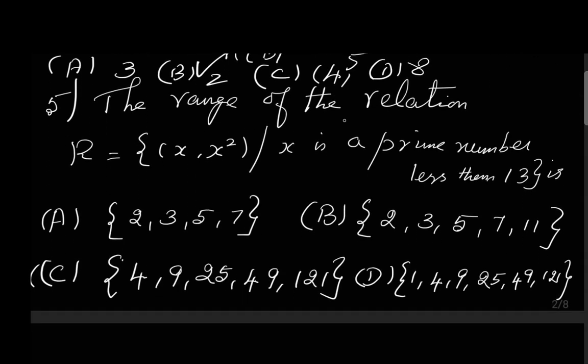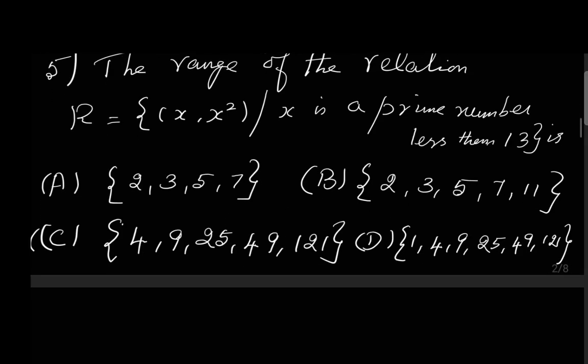The range of the relation R is the set of all ordered pairs (x, x squared), where x is a prime number less than 13. Option A, option B, option C, option D are given. See the range of the relation. Here in the ordered pair (x, x squared), x is the element in the domain and x squared is the element in the range.